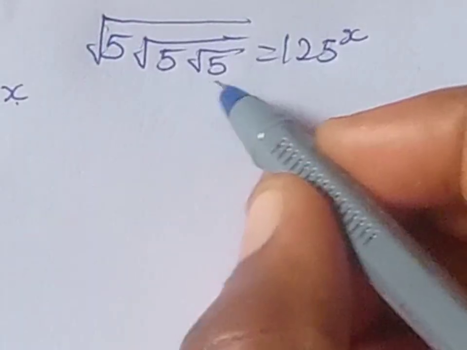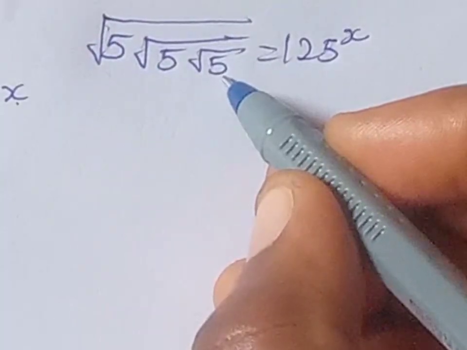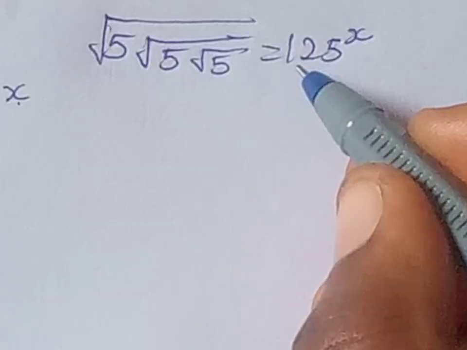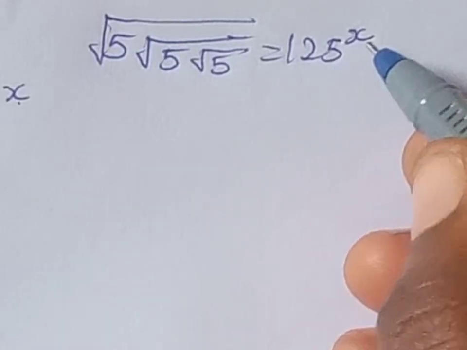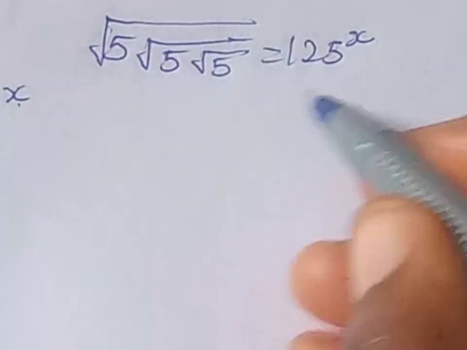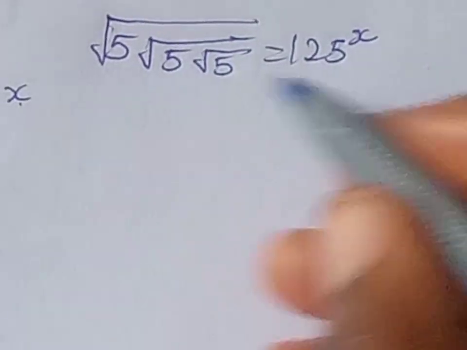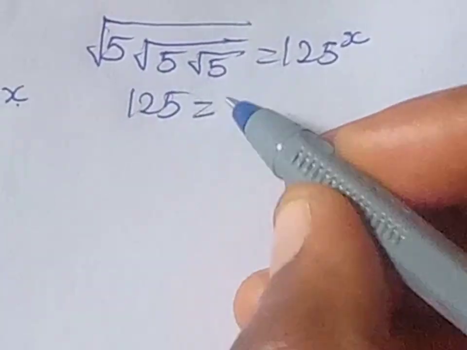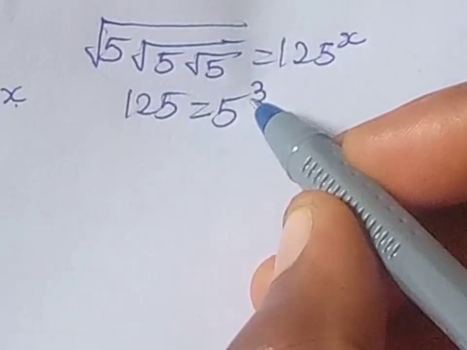We are done with the calculation of the left hand side. So we are moving to the right hand side, which is 125 raised to the power of x. Let's rewrite 125. So 125 can be rewritten as 5 cubed.